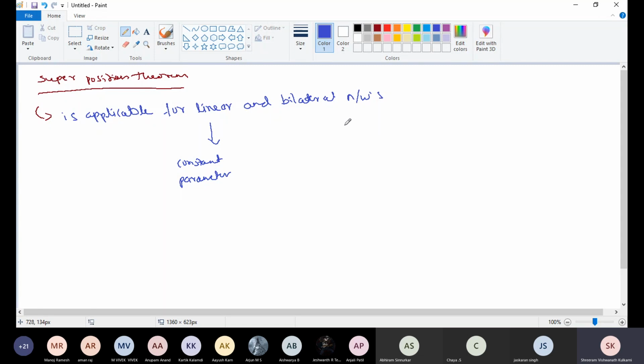Bilateral network means the circuit characteristics are the same irrespective of the direction of the current through various elements.